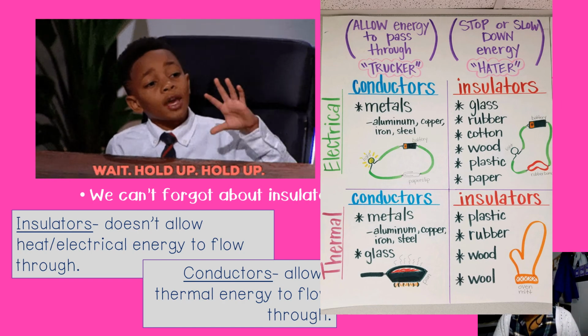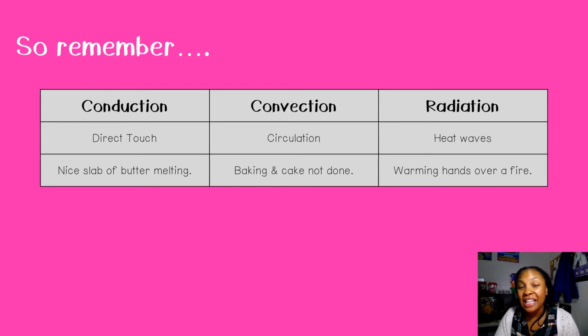Let's remember, conduction is that direct contact. An example of conduction is a nice slab of butter melting in a hot skillet pan. Convection is that circulation, so warm air rising and cool air sinking. If you're baking, a way you can tell if your cake is done is to poke a hole.